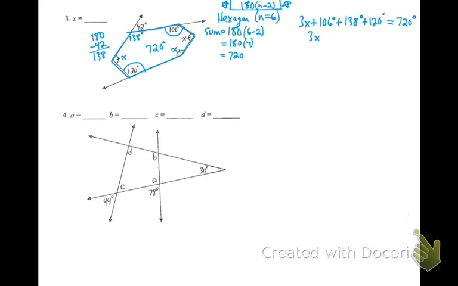Okay, so just a bunch of solving an equation to get to your final answer. So 3x plus 364 is equal to 720. Okay, subtract out the 364. So 3x is going to be 356.